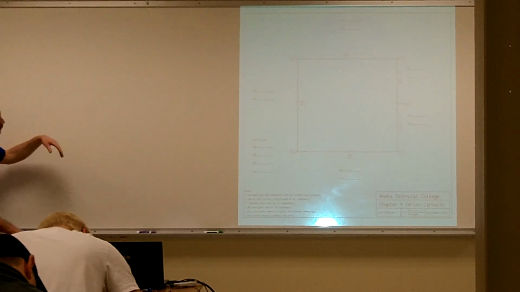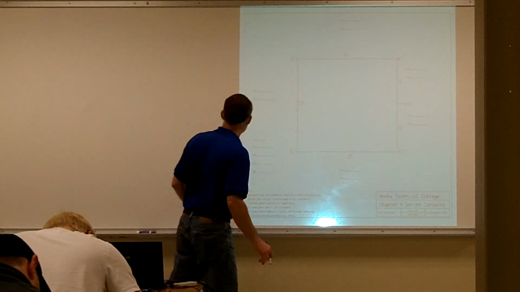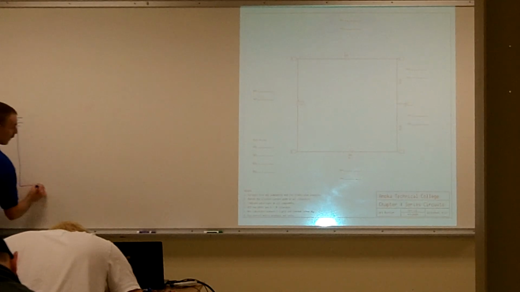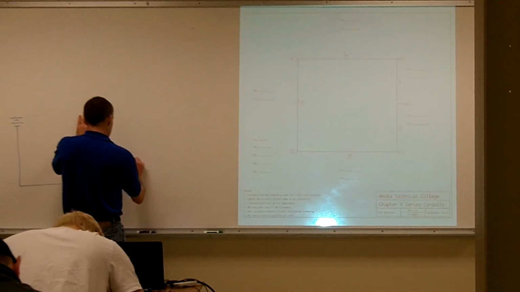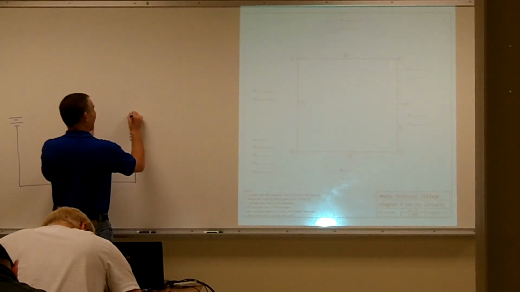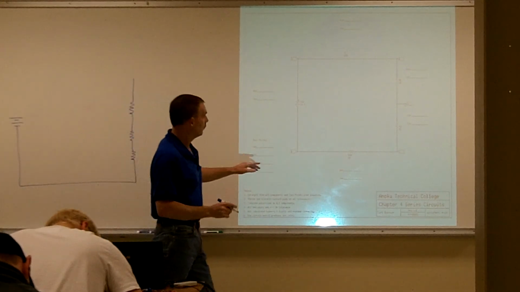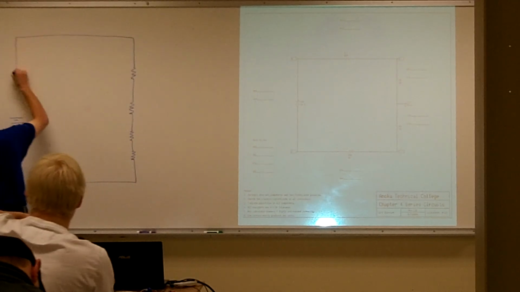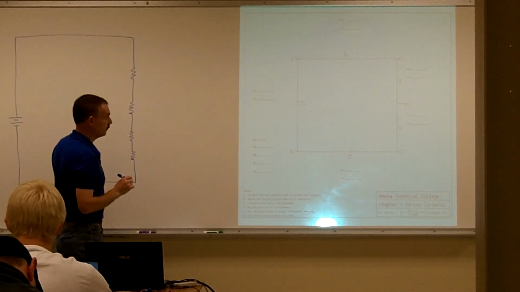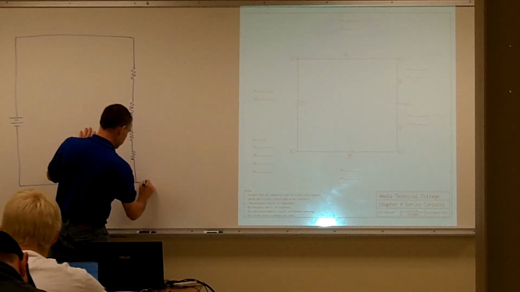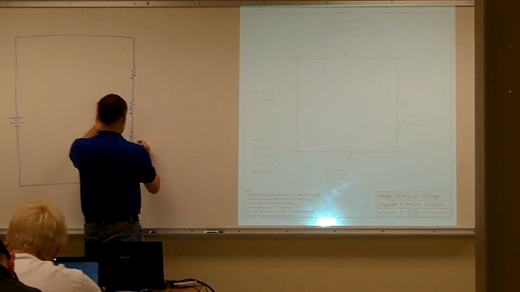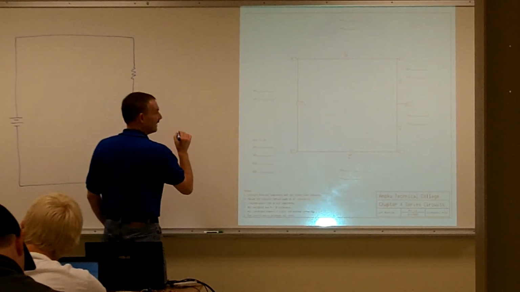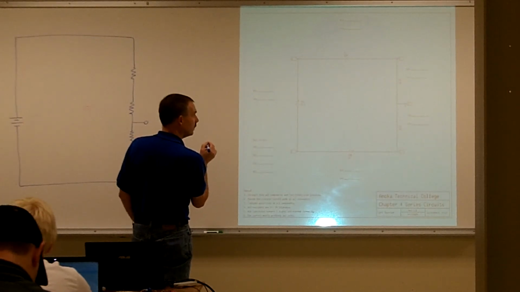So the first thing you're going to do is draw in your polarities and your current paths, and then straight line it on the backside of your sheet or on another sheet. Make sure you use your voltage divider formula.